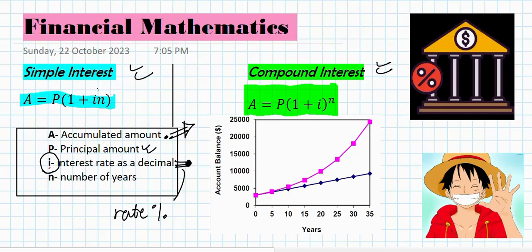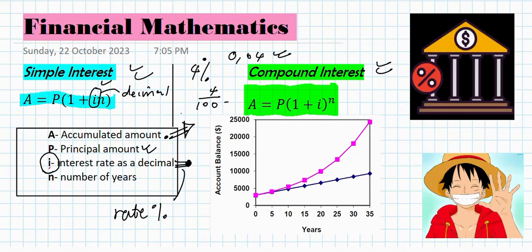So when you substitute in your formula, we need this as a decimal, or as a fraction, not as a percentage. For instance, if I said 4%, you're going to substitute this I as 0.04, which is a decimal, or you're going to substitute this I as 4 over 100, which is a fraction. That's how we do it, right? This is the only way, guys, you can ever get marks on an exam.